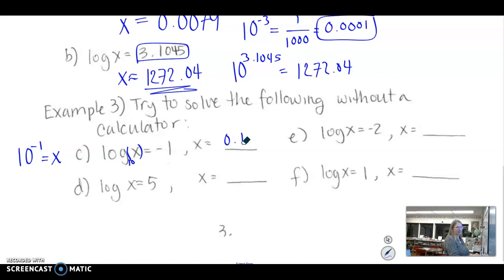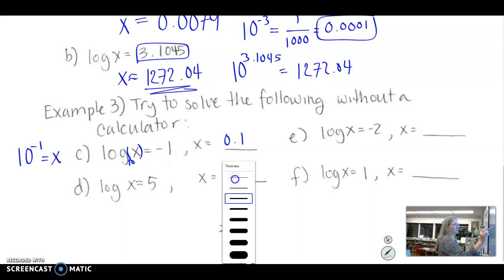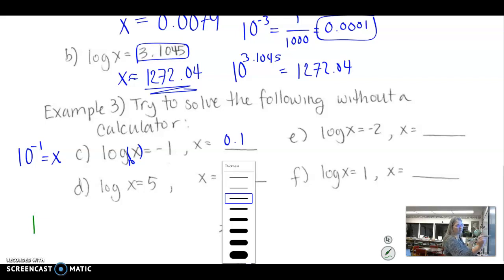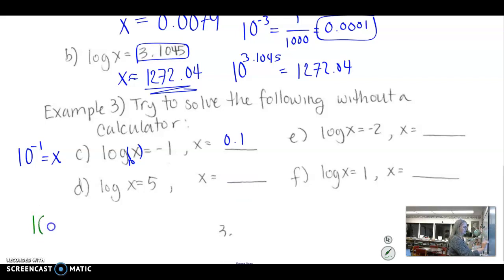Here for D, my computer has trouble tracking with me here. The base 10 to this exponent is equal to the argument of the logarithm, which is my x value.